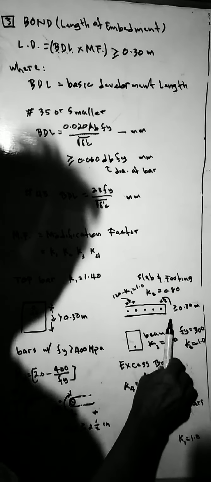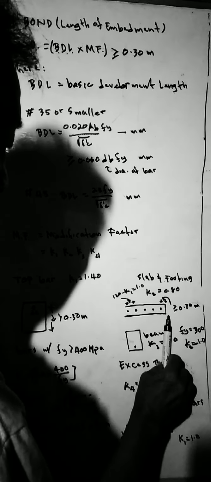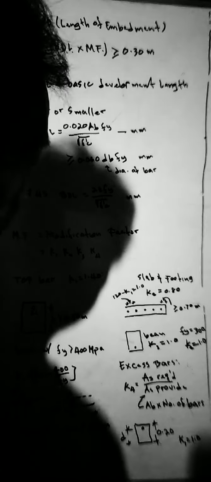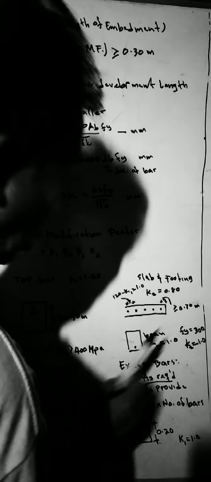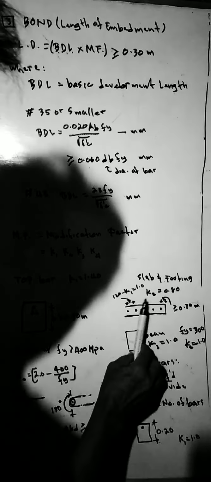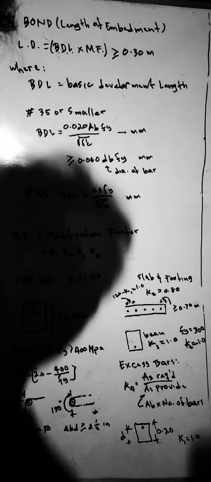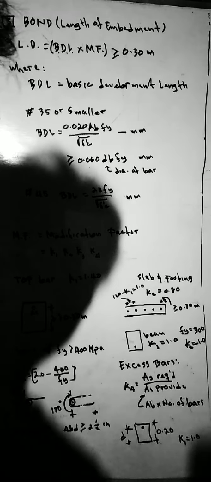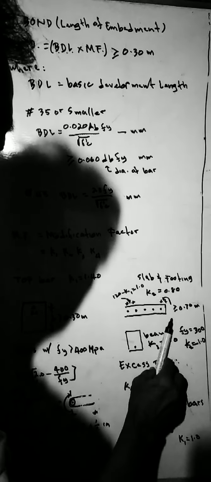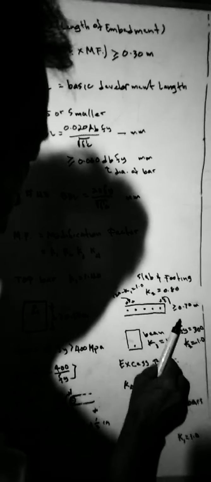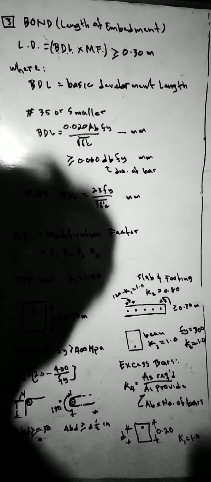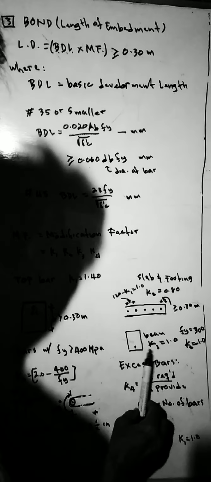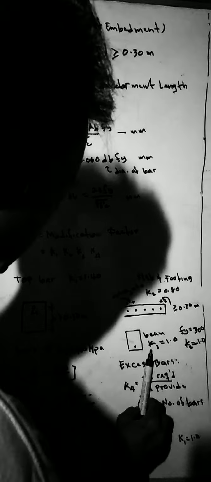And for the concrete covering, maybe this is a footing. For concrete covering greater than or equal to 0.70 meter, the K2 is equal to 1.80. For the beam, K3 is equal to 1.0.